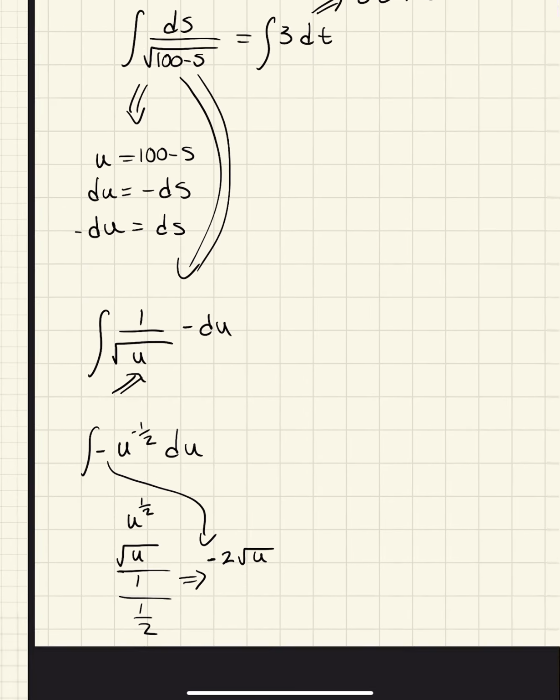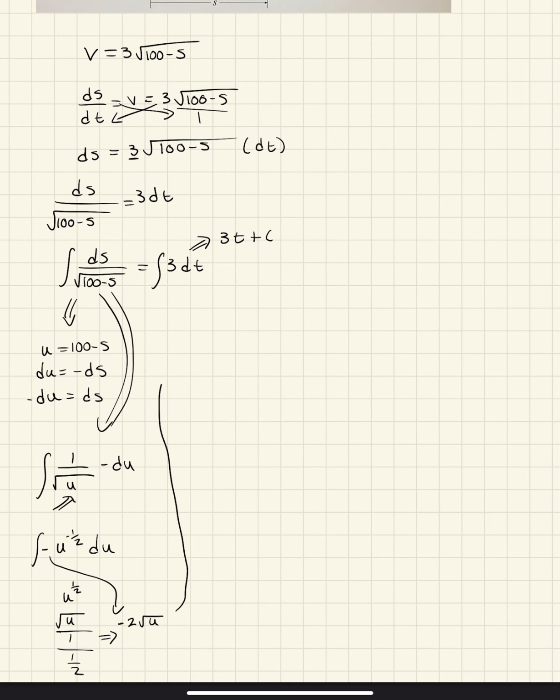So we can bring this back up here. We can say negative 2 root u is equal to 3t plus c.